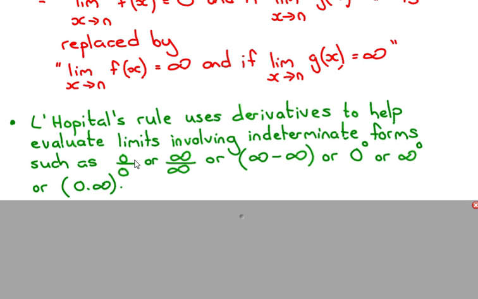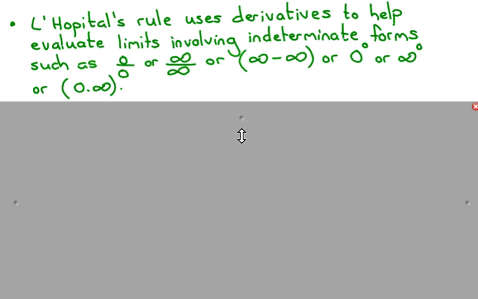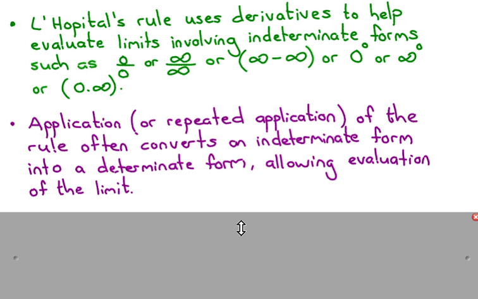The ones you'll encounter mostly in AP are 0 over 0. Now, application or repeated application of this L'Hopital's rule often converts an indeterminate form, like 0 over 0, into a determinate form, so that we can find the limit.